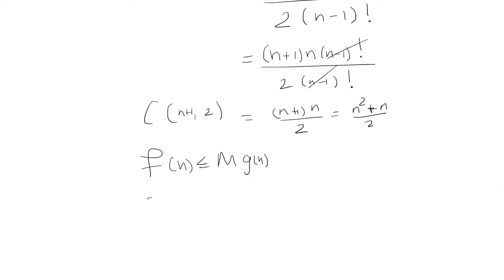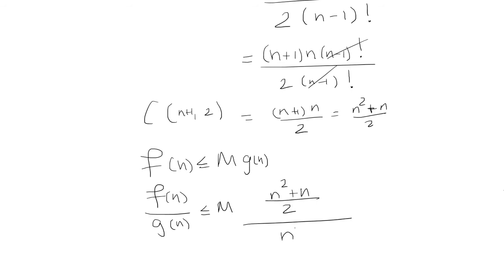In other words, the ratio f of n over g of n is less than or equal to M. So f of n was given by n plus 1 choose 2, which we simplify to n squared plus n all over 2. And then g of n is n squared. So the idea is, can I find something bigger? And here we have 2 n squareds and 1 n. The constant 2 I could just pull out. You know, I don't really care about it.